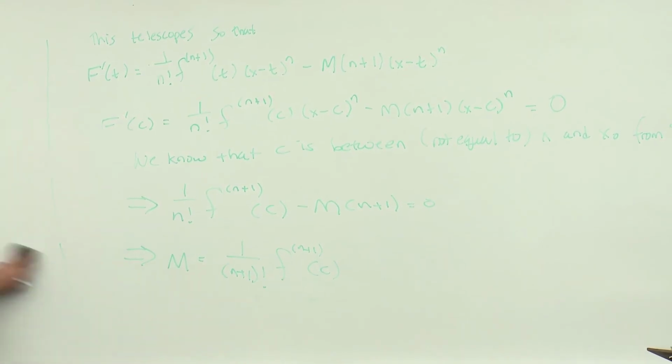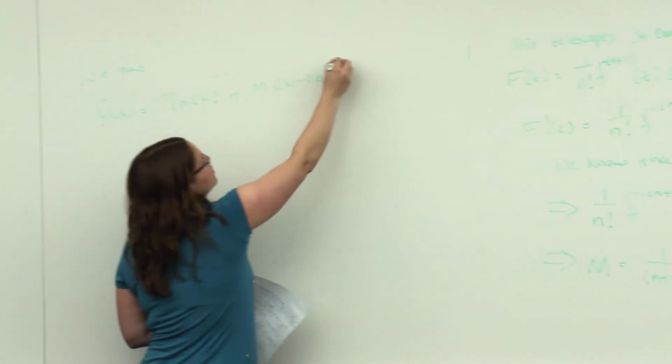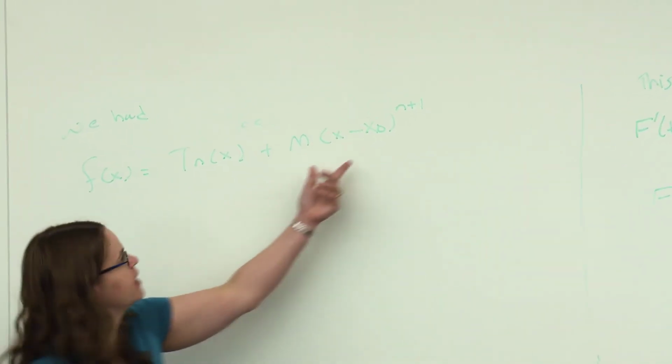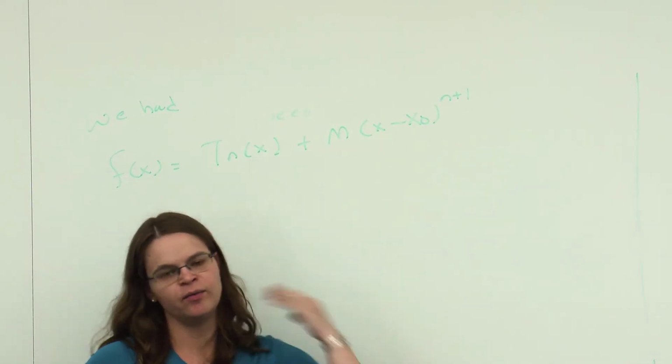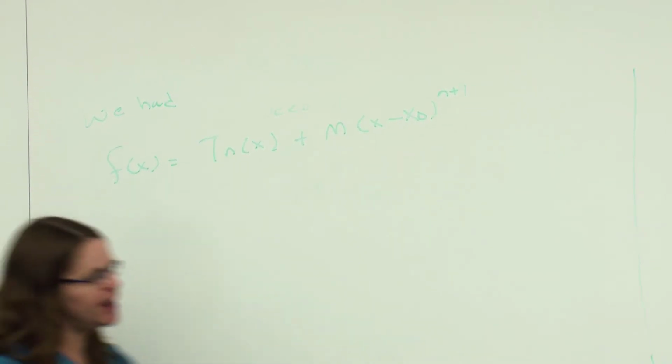So if I put this all back together, we'd written down originally that f of x is equal to Tn of x plus m(x minus x naught) to the n plus 1. We had no idea what m was going to look like. It could be that m involved more terms like x minus x naught. It could be that it divided them out and we got something huge. It could be that it wanted higher derivatives of f, or it could be crazy. We don't know. Now we've figured out exactly what m has to be equal to.